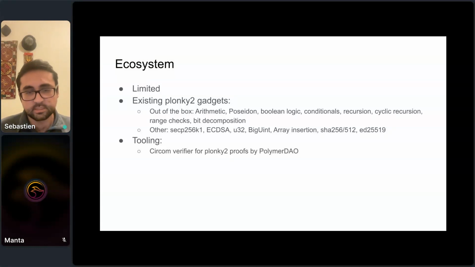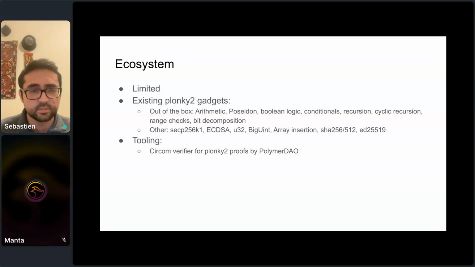You have this tooling called SNARK.js that allows you to go from CIRCOM to circuit, prove it in a web app, and verify it on chain. The tooling for Halo 2 has some prototypes for that, but nothing as robust as Groth16. And then Plonky2 has nothing of that sort yet.